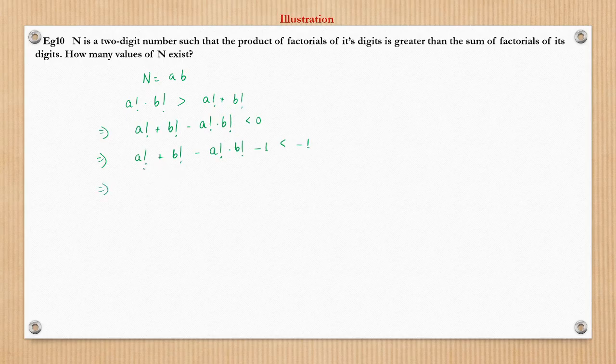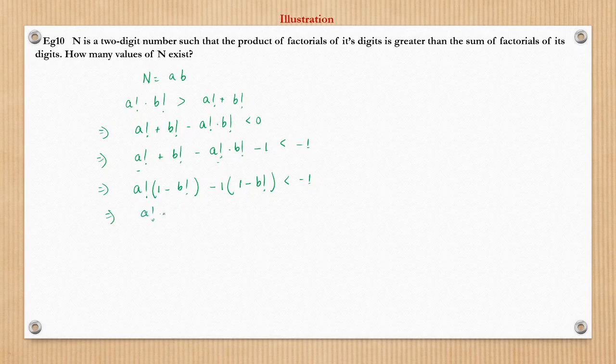Now I take a common between this term and this term. So I take a factorial common, so it becomes a factorial into 1 minus b factorial, and minus 1. I'm just rearranging to factorize this, nothing great.